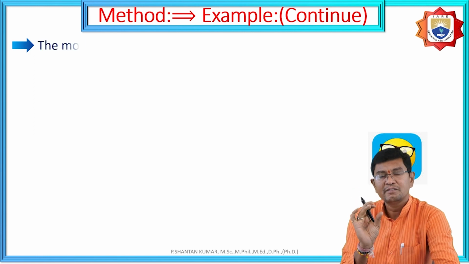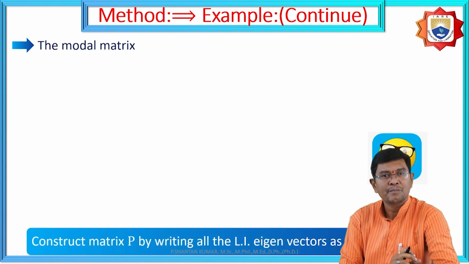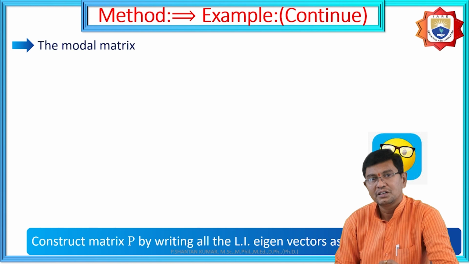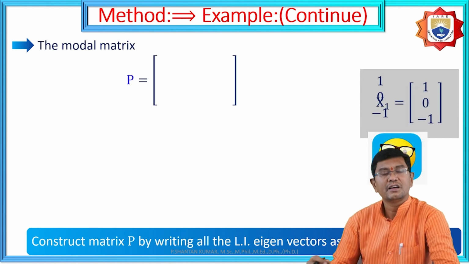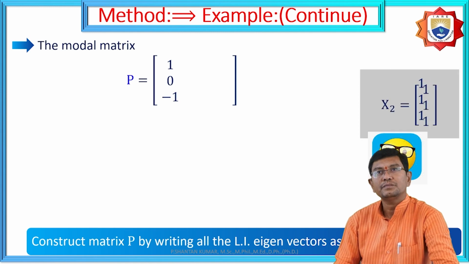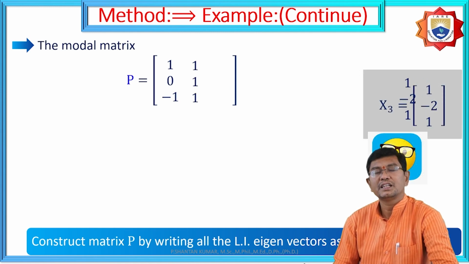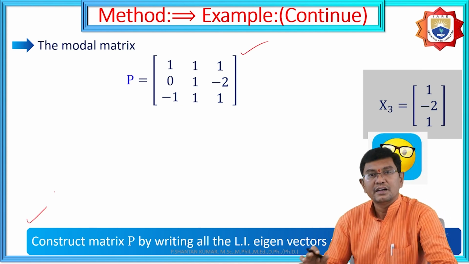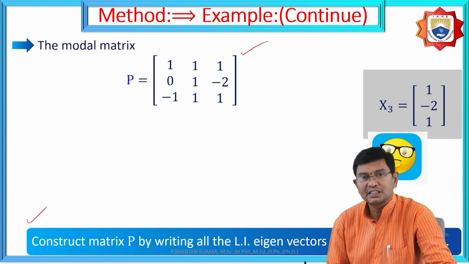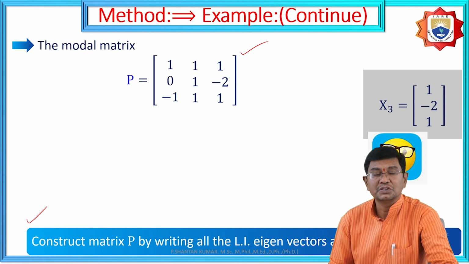We put the collection of these three eigenvectors together within the modal matrix. Therefore P is the first eigenvector, the second eigenvector and the third eigenvector. These are three linearly independent eigenvectors because the eigenvalues are different.